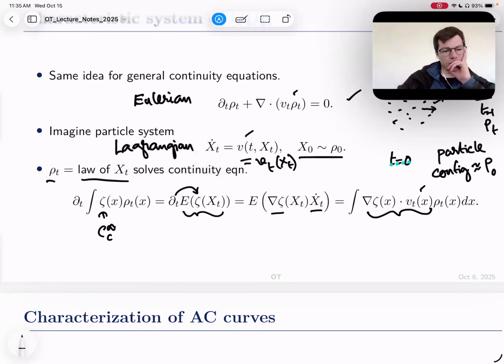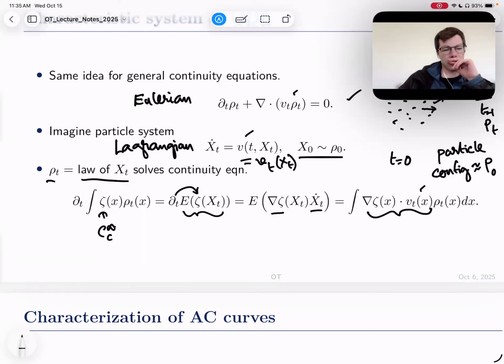When I'm writing curves in the Wasserstein space, I don't have a particle system in mind. All I have is a curve of probability measures. But what this is saying is that you can always manufacture a particle system whose laws will give you that curve. These are just two equivalent ways of looking at the same object.